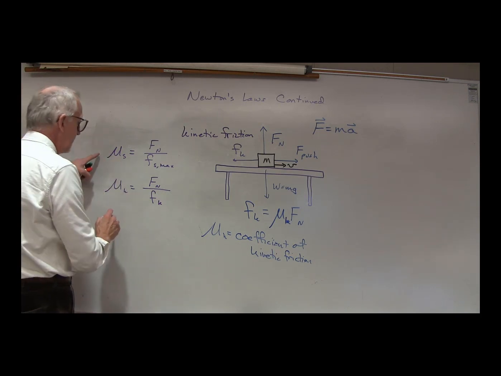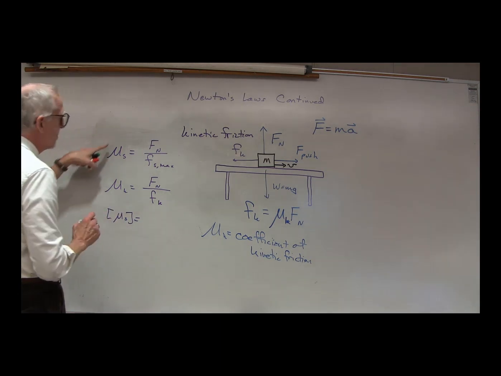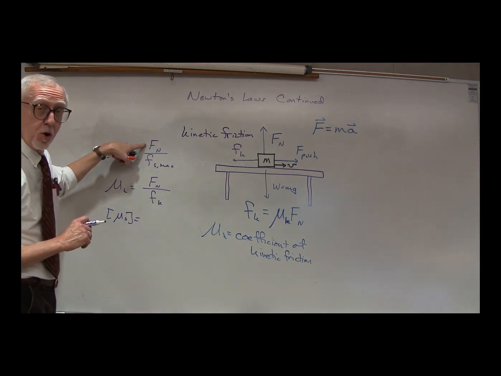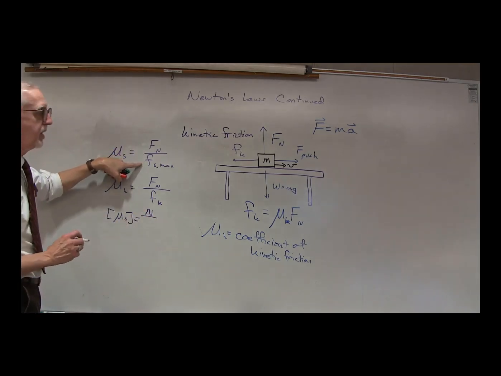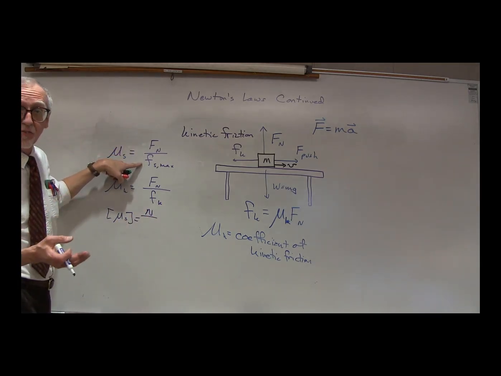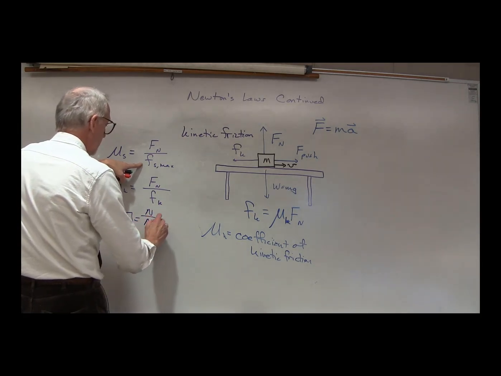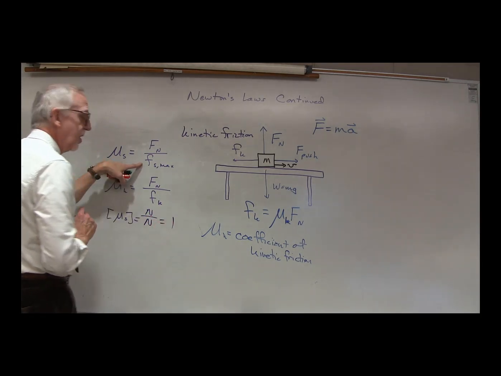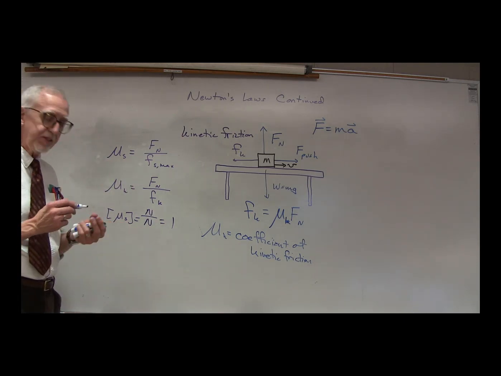So what are the units of these two things? What are the units of mu sub s? Well, the units of mu sub s will be the units of the static frictional force, the maximum value, which is a force, so it's a Newton, divided by the units of the normal force, which is also a force, with units of newtons, which turn out to be no units at all. So mu s is a unitless quantity.